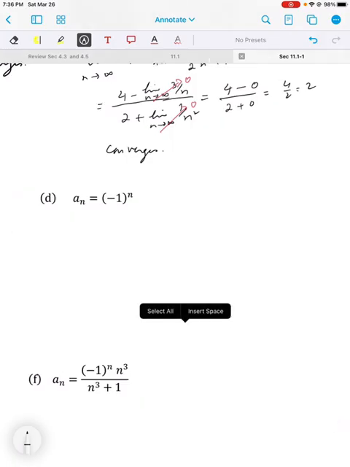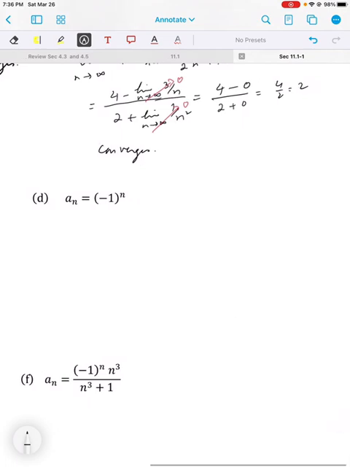Okay, looking at this next one, we cannot look at the limit directly. So for example, if I say limit of minus 1 raised to the power n as n goes to infinity, well, this is actually not a single value that we will get, but depending on what n is, whether even or odd, we will get 1 or minus 1.